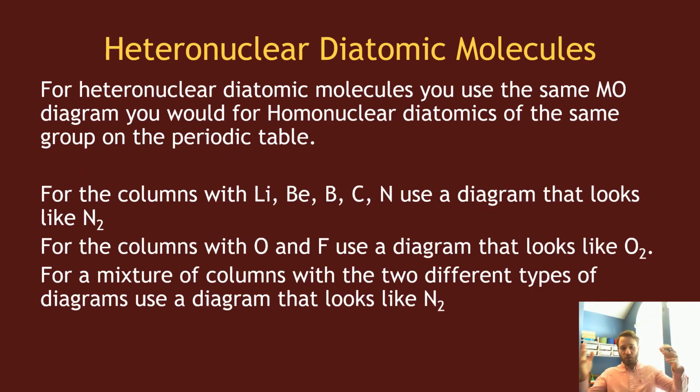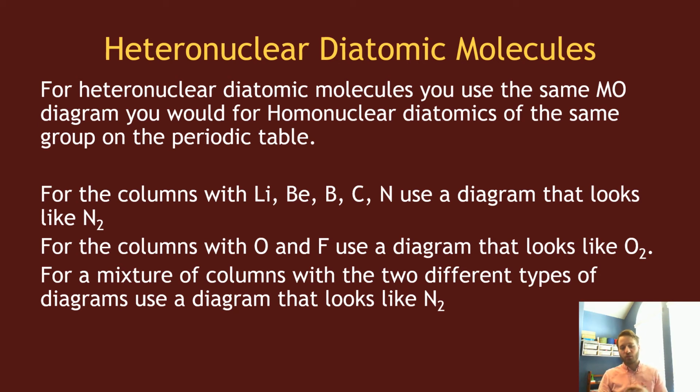So to finish this all up, let's talk a little bit about heteronuclear diatomic molecules. We've talked about homonuclear diatomics. For heteronuclear diatomics, the molecular orbital diagrams look the exact same. You just have to take into account whether or not you have elements like oxygen and fluorine.